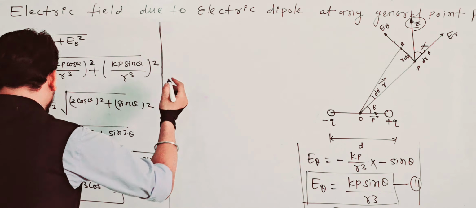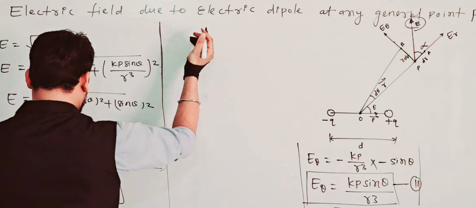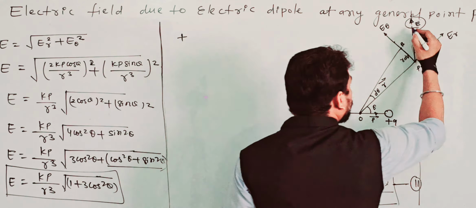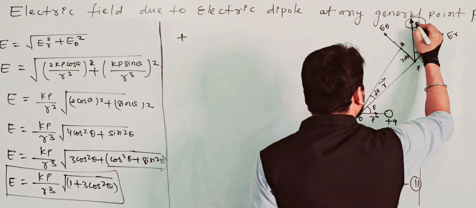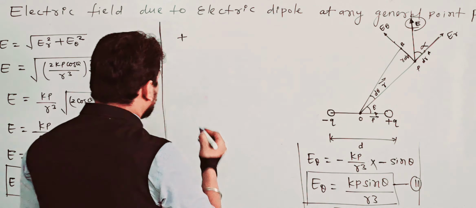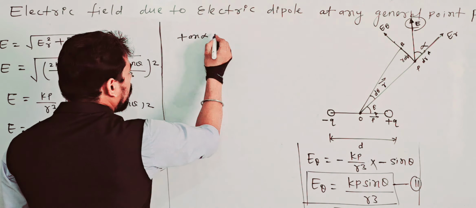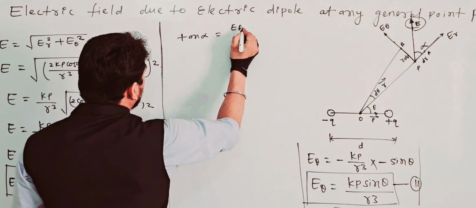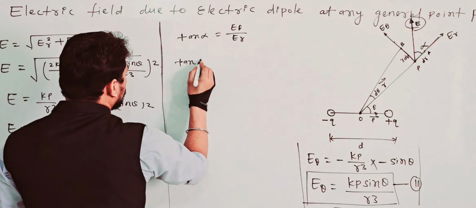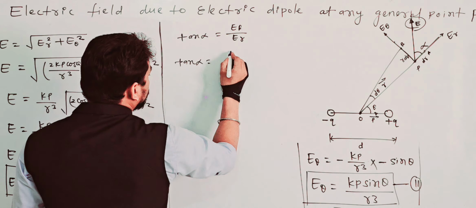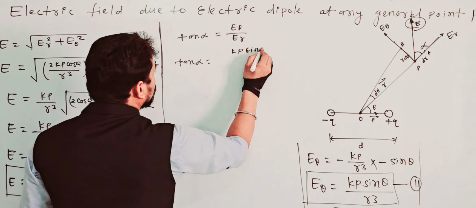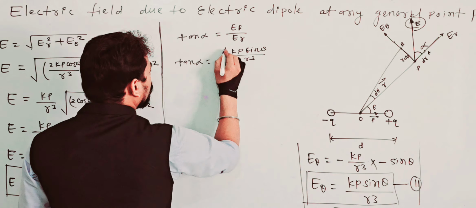Now we can see what the direction of the electric field is, what the angle is between the electric field and the position vector, that is tan alpha. Tan alpha equals E theta by Er. E theta is kp sin theta by r cube.